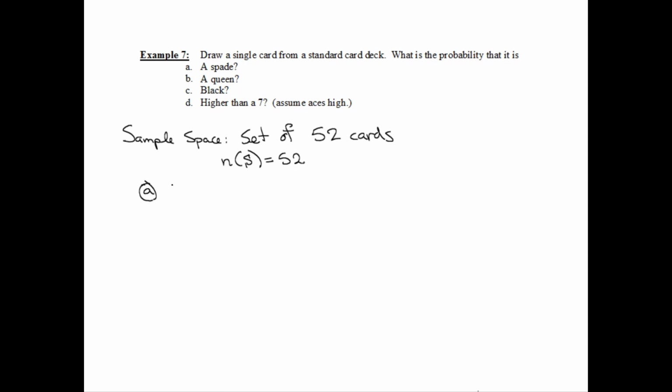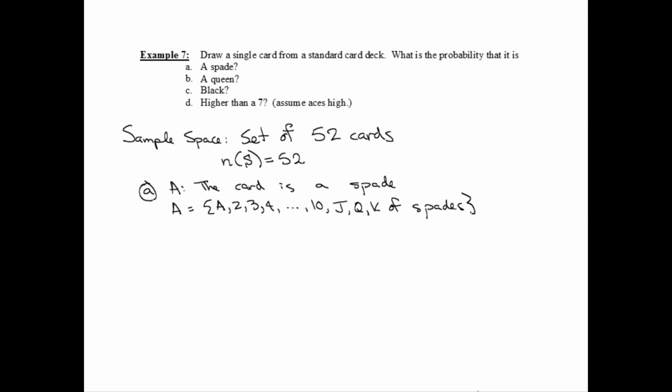So let's let event A be the card is a spade. Okay, and so what is in my set? Okay, so we would have the ace, 2, 3, 4, up to 10, jack, queen, king, all of spades. Okay, let's figure out the probability that this occurs.